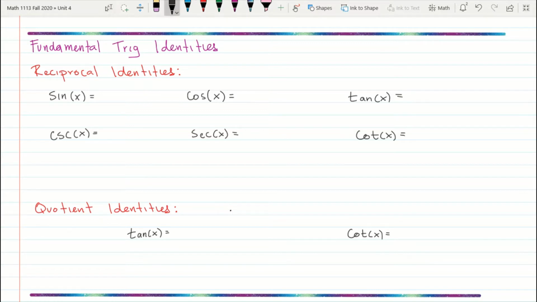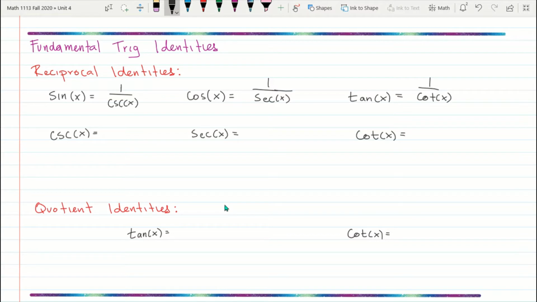Okay, which is 1 divided by cosecant of x. So we can rewrite sine of x as 1 over cosecant. Then cosine is the same thing as 1 over secant of x. Tangent is the same thing as 1 over cotangent.